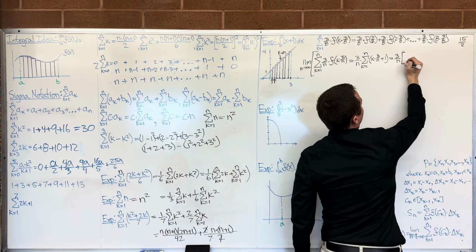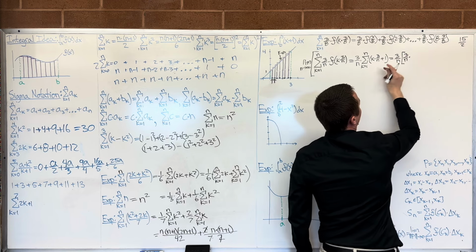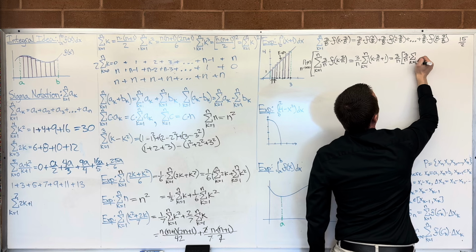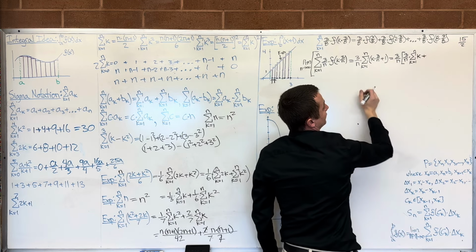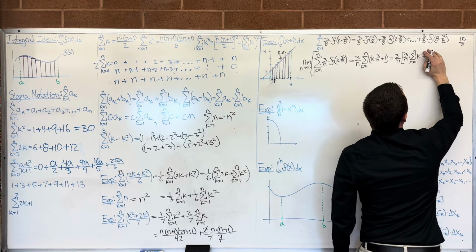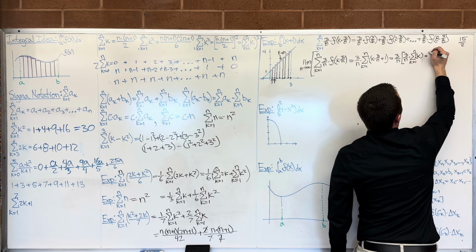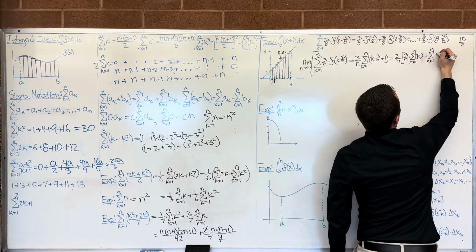So put a square bracket right there. And that is times the sum from k equals 1 to n of k, plus, maybe put parentheses here so you don't think that it's inside the sum still, plus the sum from k equals 1 to n of just 1.